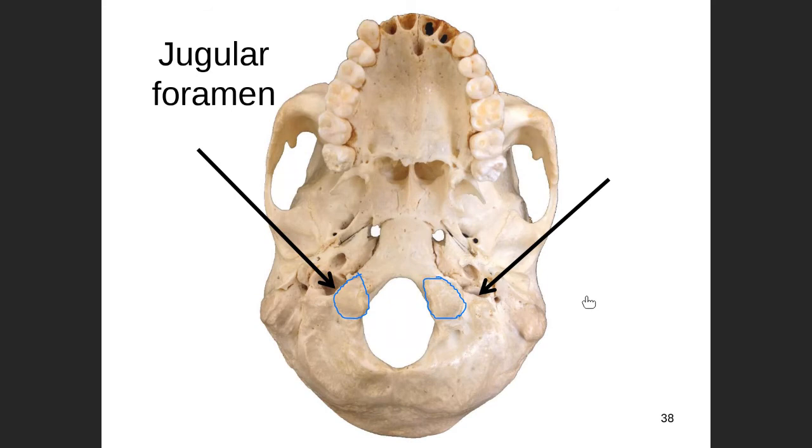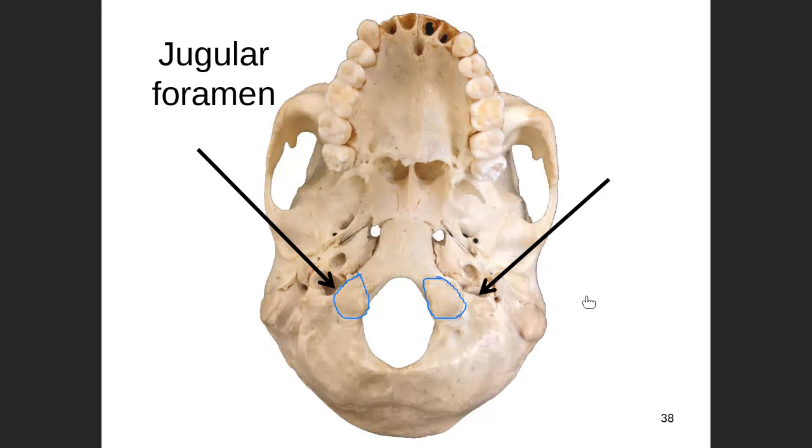The jugular foramen is where the internal jugular vein is going to emerge from. Remember, veins carry blood towards the heart. Arteries bring blood away from the heart.